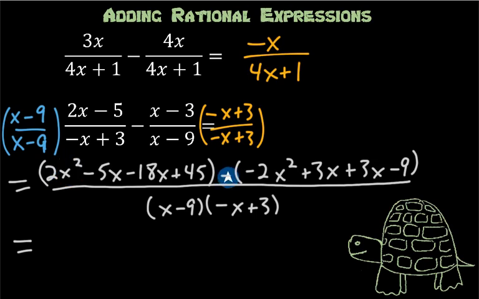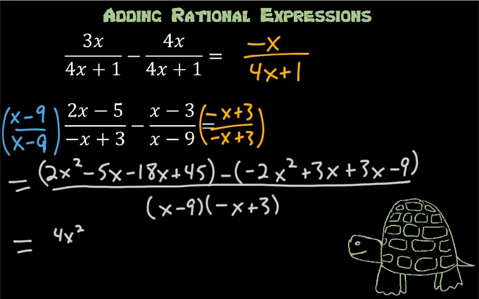We have 2x squared minus a negative 2x squared, which is going to be a positive 4x squared. Negative 5x minus 18x, that's negative 23x. So we have a negative 23x, and we're going to subtract 6x.